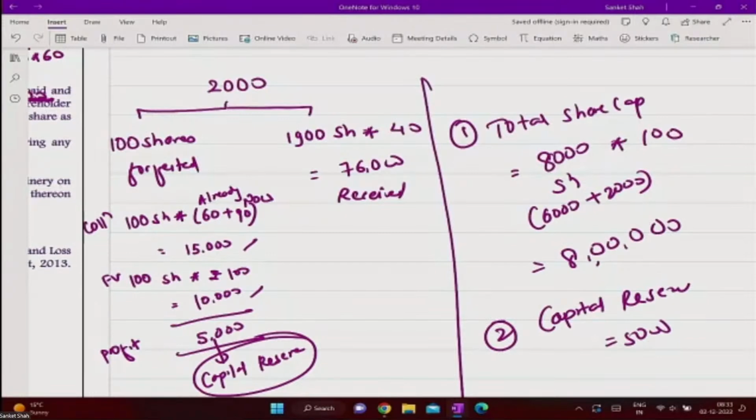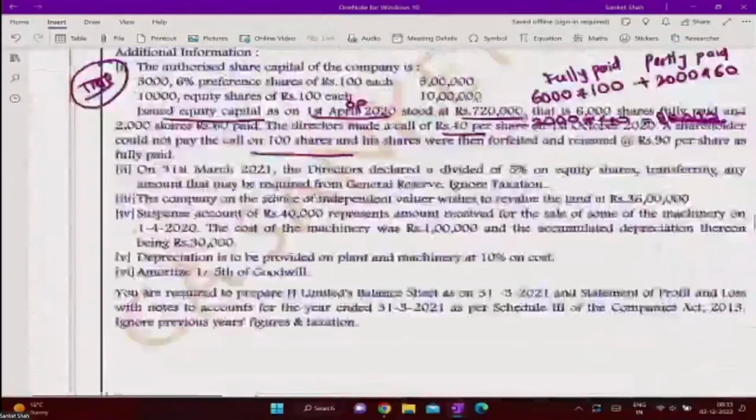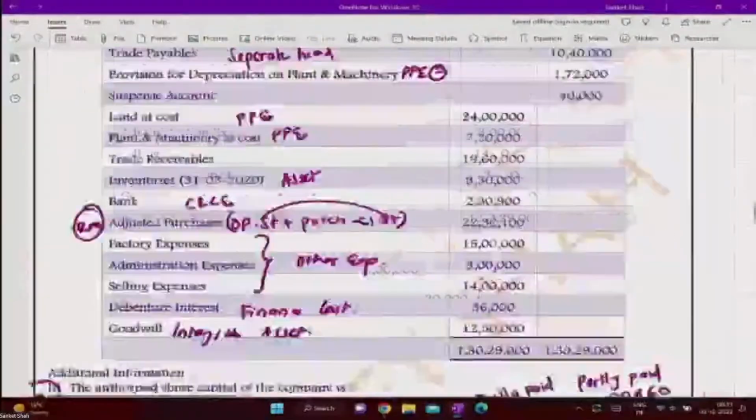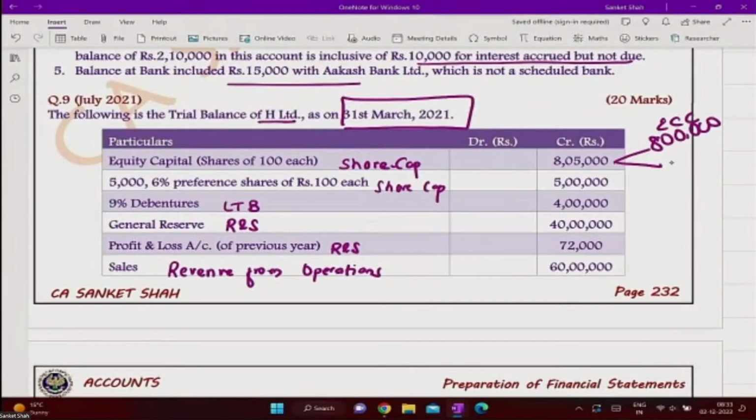You are correct. So this is an IMP working note. So now you can write 8 lakhs equity share capital and 5,000 capital reserve.